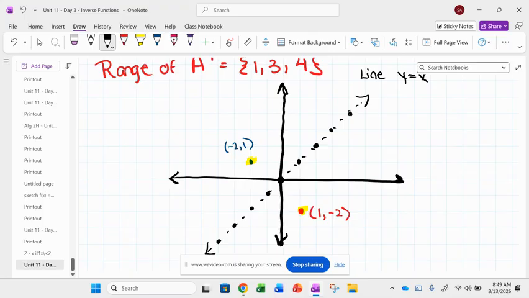All right. Let's write that out, actually.